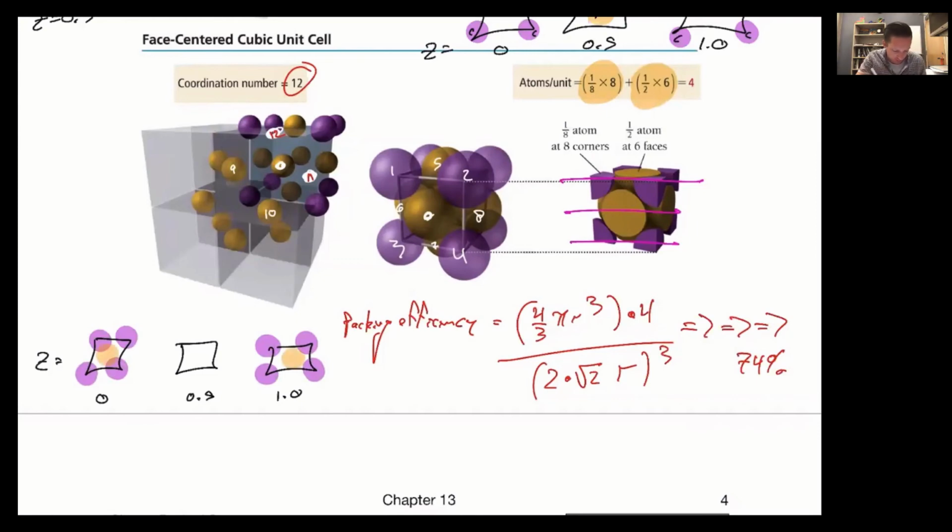If you're talking about the top or the bottom, those are faces, and the rest are corners. And then half, so I'm looking here on the 0 half, I see the 4 on the faces in the middle. So each of those are a face. So now you can see, oh, I got 6 faces, 8 corners, 4 total atoms for that packing efficiency.